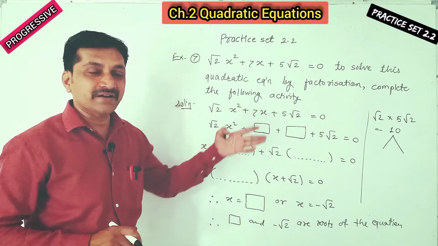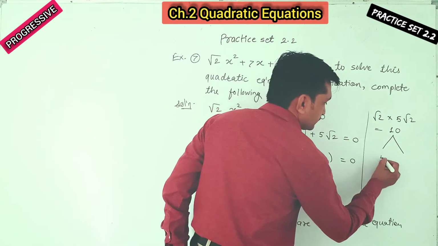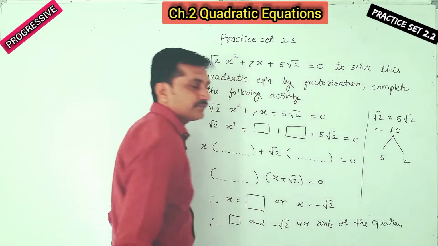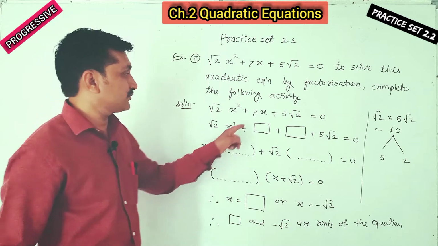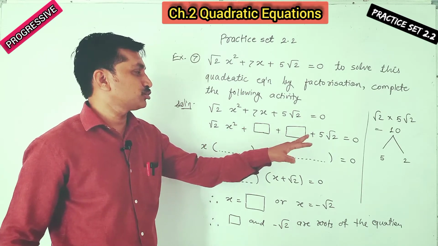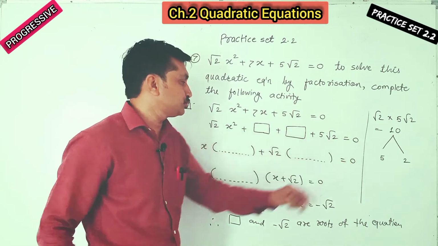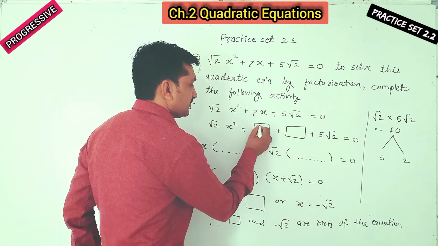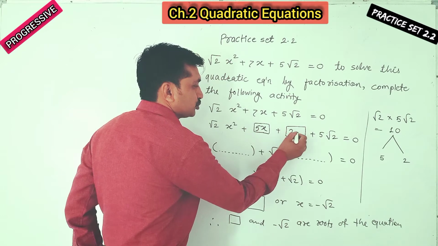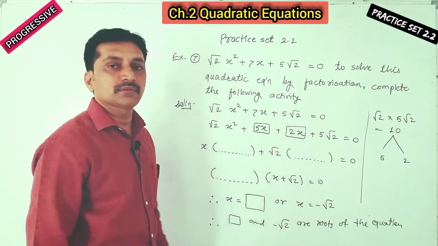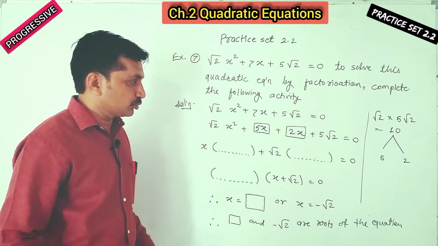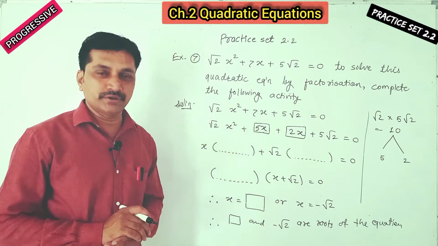Which are the factors of 10? 5 twos are 10 and 5 plus 2 is 7. Therefore we replace 7 by 5 and 2. Then here we write 5x and here we write 2x. In this way, the first step is over.